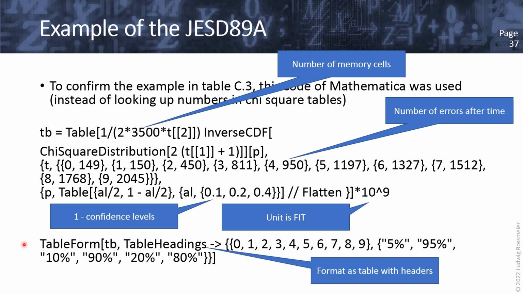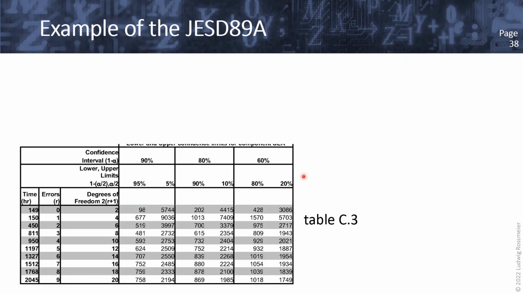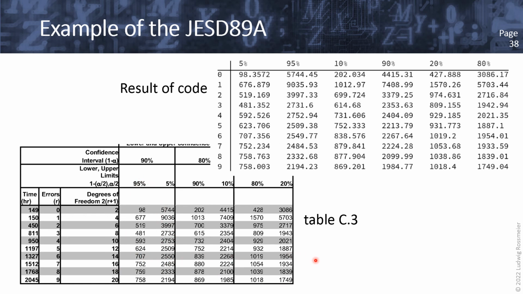In the next line, I did a formatting of the table, and I used certain table headings. So this is the table of the standard as a result with the confidence level here. And this is the result of my mathematical code.